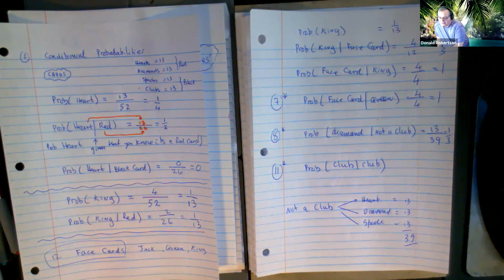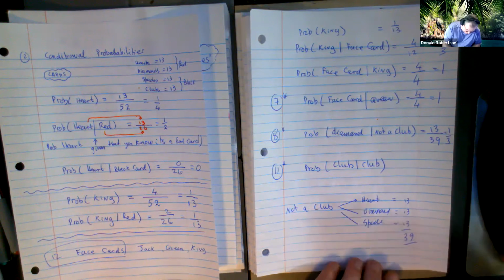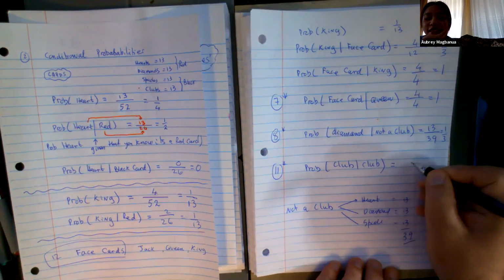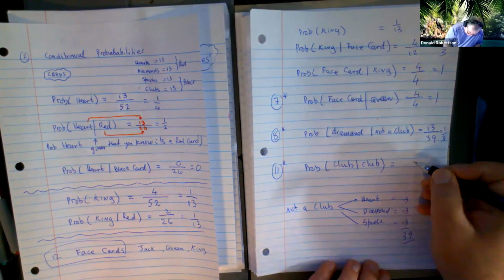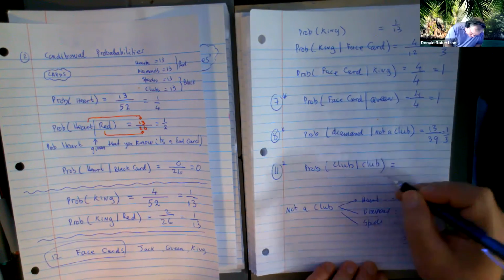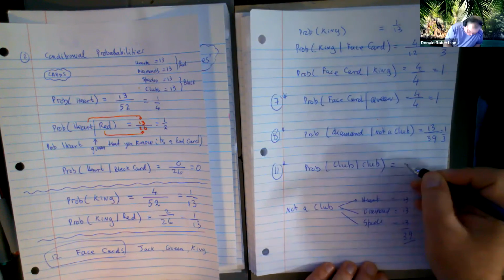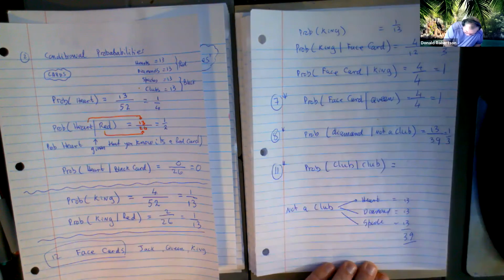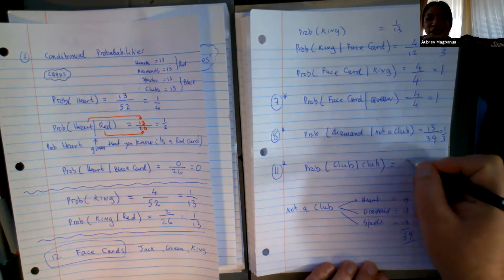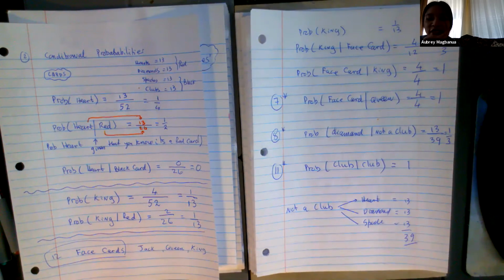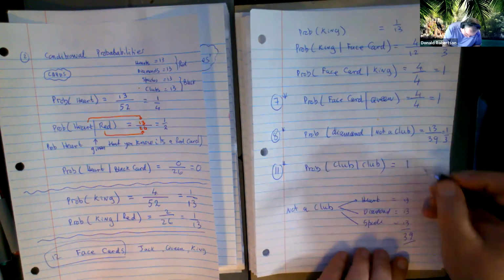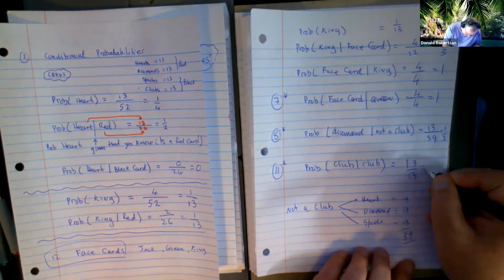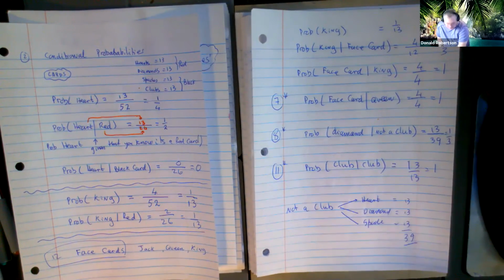What's the probability it's going to be a club? Isn't it 1/13? No, you are overthinking it. 13 over 13, which is 1. If somebody said 1/13th, that's what I thought I heard, that's why I said no. It's 1.